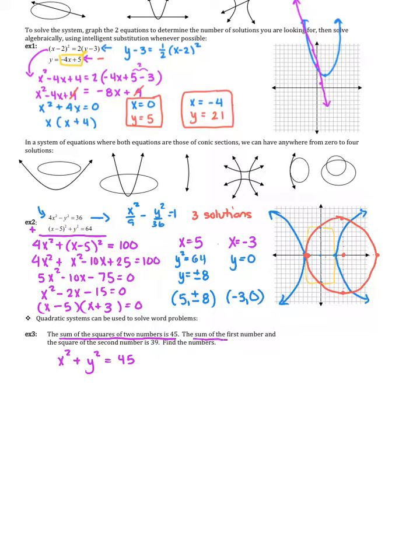The sum of the first number, so that would be x, and the square of the second number, so x plus y squared is 39. And so what I might do to solve this is I'm going to subtract the two equations from each other so that I have x squared minus x equals 6, and then set it equal to 0.